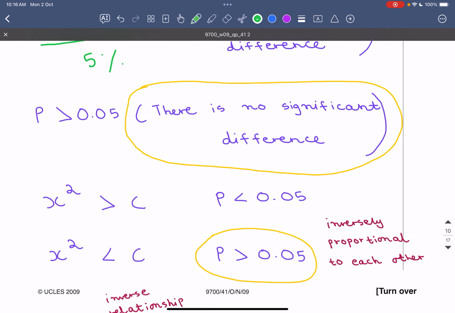So you can remember chi-square value is inversely proportional to probability. When chi-square value goes up, probability goes down. When chi-square value goes down, probability goes up. They are inversely proportional to each other.